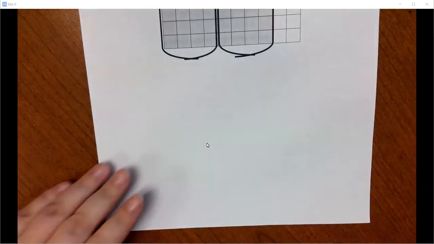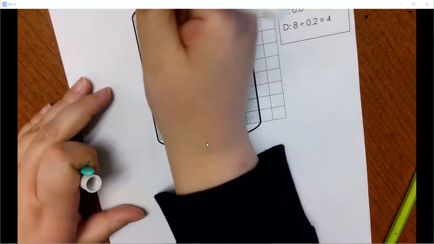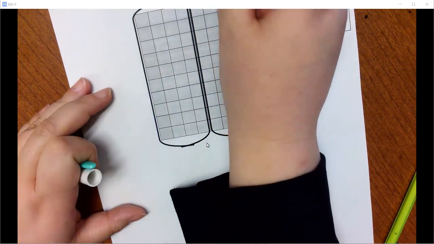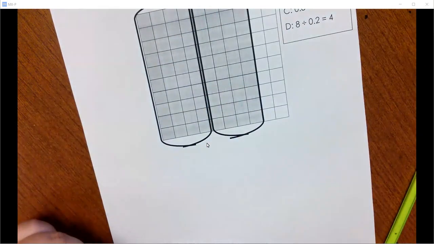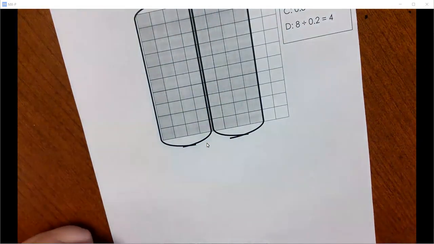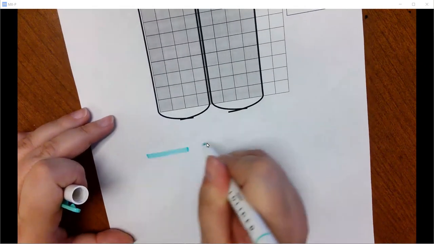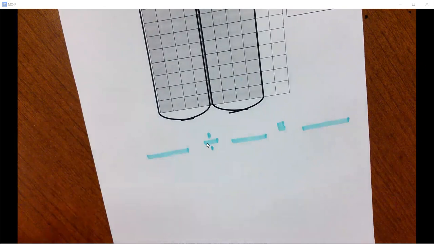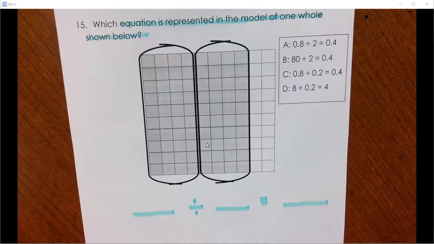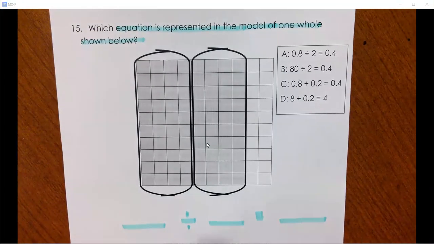And my last question, number 15, it says, which equation is represented in the model of one whole shown below? Okay. All right, so I'm looking for a division problem. So I'm looking for blank divided by blank equals blank. If you remember from our lesson from earlier, this is the dividend.